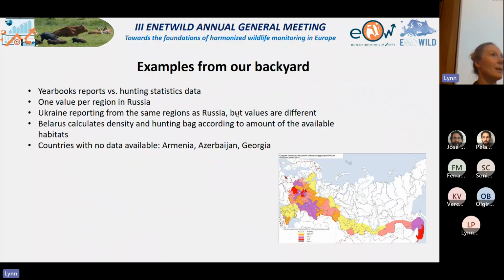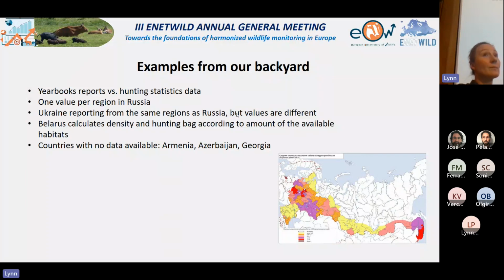And when we asked, can you give us this value, how did you divide it, they said no, we cannot. So we end up with values which are not connected to anything. And it ended up that in collecting the data from Belarus, we had to start from scratch.